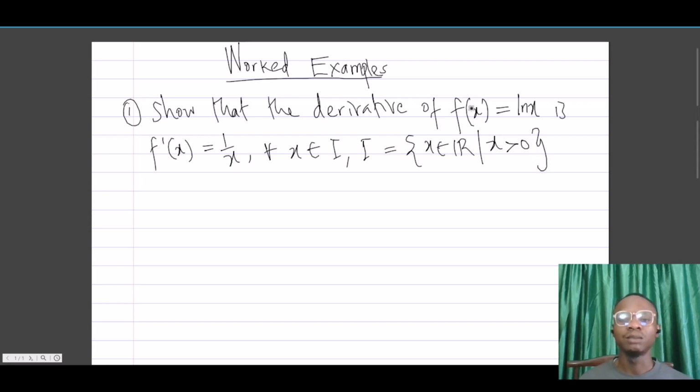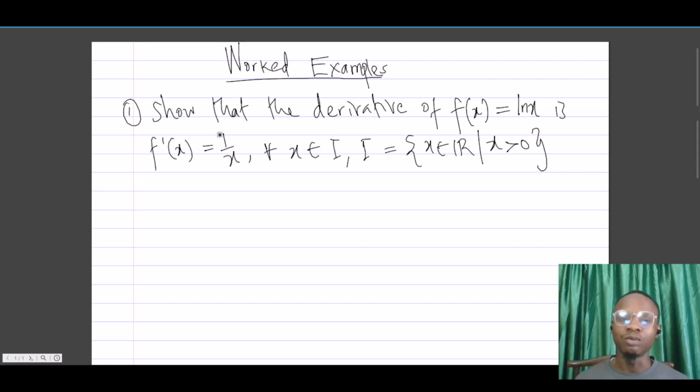So we want to show that the derivative of this function f of x, which takes elements from the set I to produce real numbers, defined as ln x. We want to show that the derivative of ln x is 1 over x.